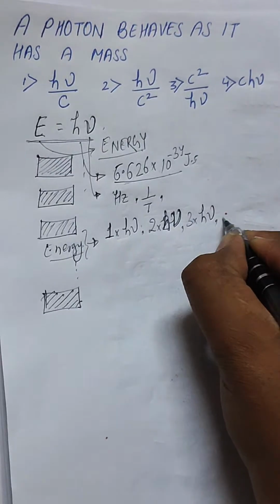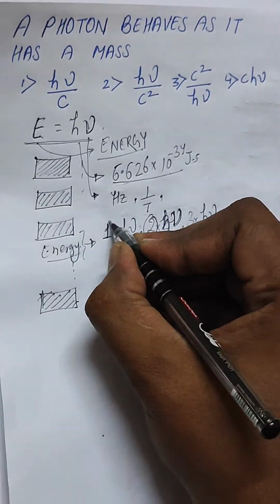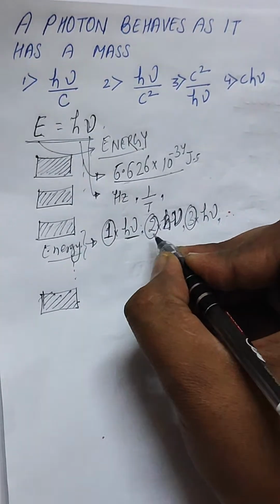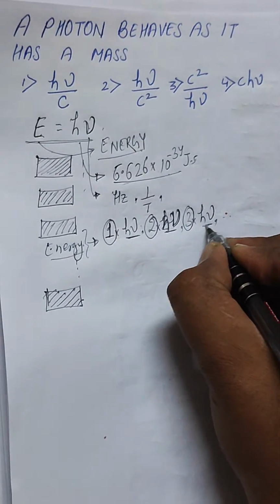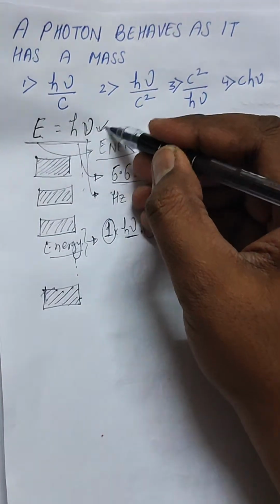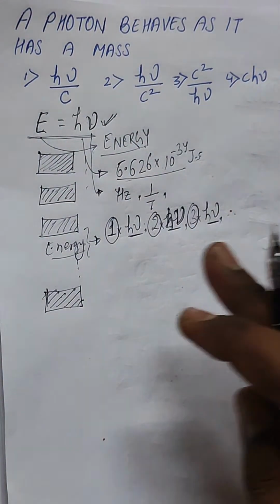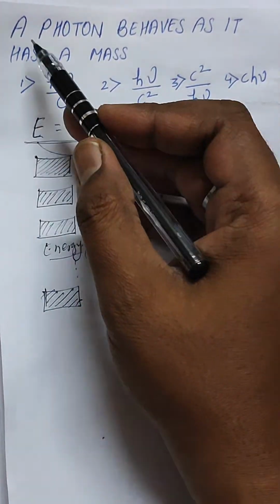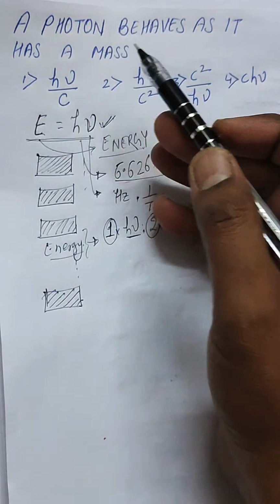Likewise, you can see these integers, but every time the energy is equal to h mu. Here we can see E equal to h mu. Now considering this, suppose a photon behaves as if it has a mass.